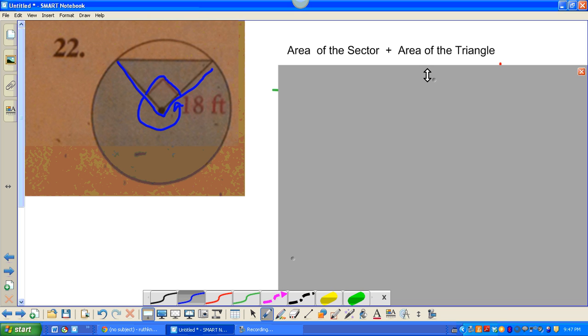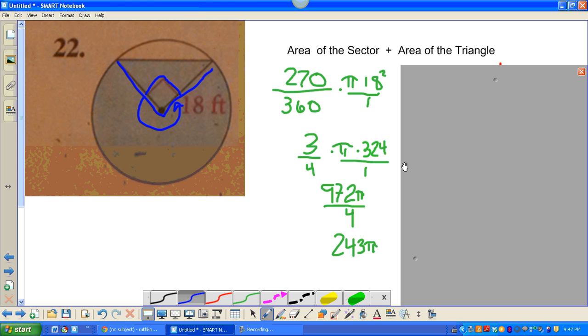So I'm going to get 270 over 360 is equal to pi times 18 squared, because that's my radius. 270 over 360 reduces to 3/4. 18 squared is 324. Then when I multiply the tops across, and then I multiply the bottoms across, I get 972 pi over 4, which reduces to 243 pi.